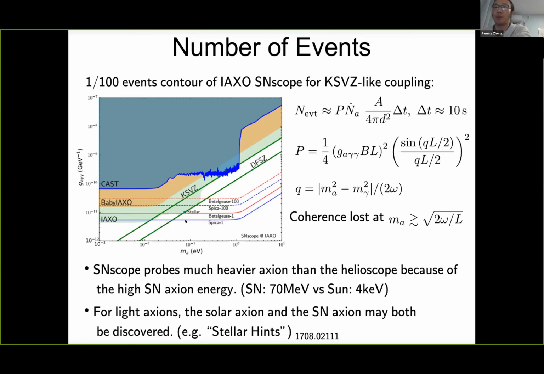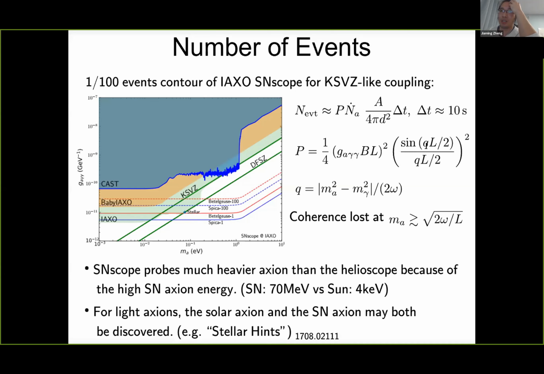There are two important features I want to mention here. The first one is that the axion field and the photon field will start to lose coherence with each other for high axion mass. This is the reason why the helioscope tends to lose its sensitivity for heavy axion masses, and this is most evident in the expression for the conversion probability. The loss of coherence occurs when the sine factor is of order 1.